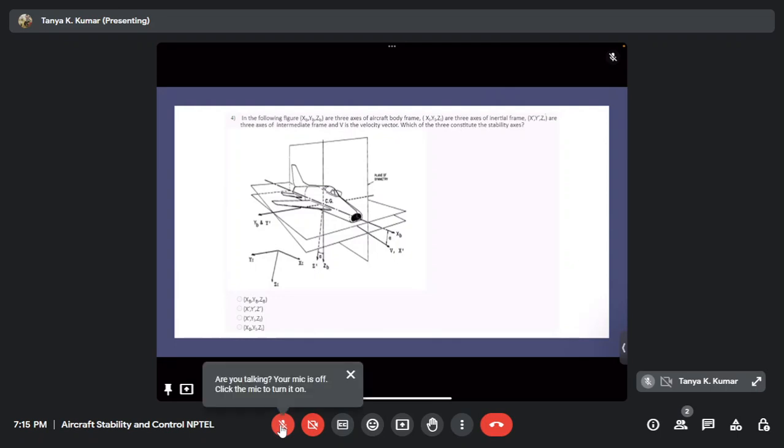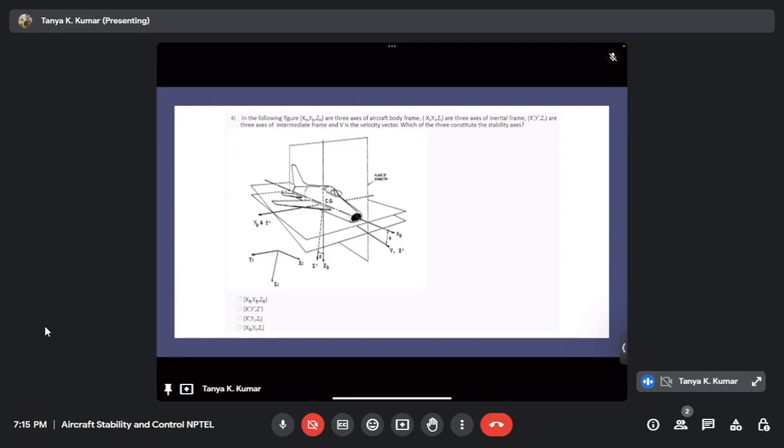Which one is it? Which is aligned to the v axis? Okay, sorry about that. I didn't realize the mic was turned off. Okay, so anything aligned with the velocity vector v is the wind axis, and the wind axis is the stability axis. Correct? So which one is aligned to the velocity vector?